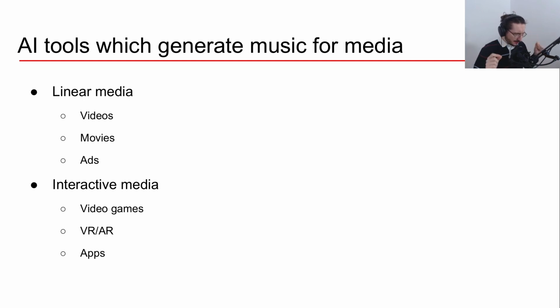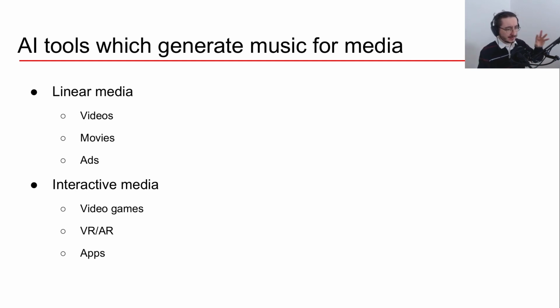And in this specific case, we are talking about 2 types of content. So one is linear content or linear media, and the other one is interactive media. For linear media, I'm referring to videos, movies, and ads, whereas for interactive media, I'm talking about video games, virtual reality, augmented reality applications, apps more in general, or websites.